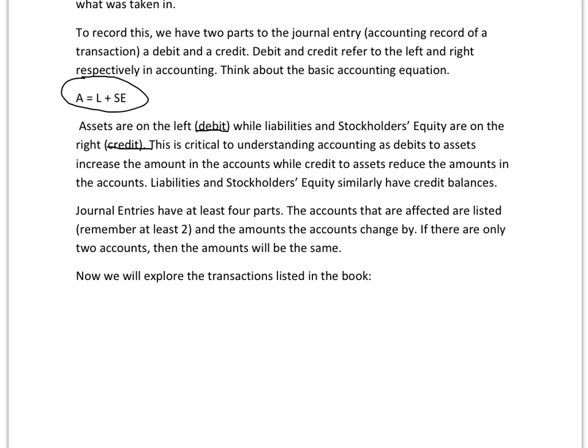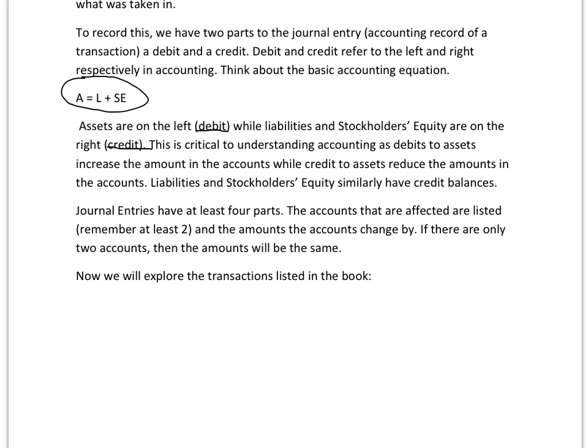So anytime in a journal entry when we debit an asset, we're going to be increasing the asset. Anytime we credit an asset, we will be decreasing that asset, reducing the value in the account. Similarly for liabilities, anytime we credit a liability or equity, we are increasing the amounts in those accounts. Anytime we debit liabilities or stockholders' equity, we are decreasing what's in those accounts.